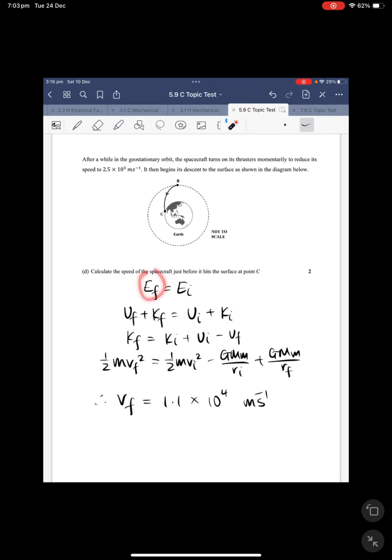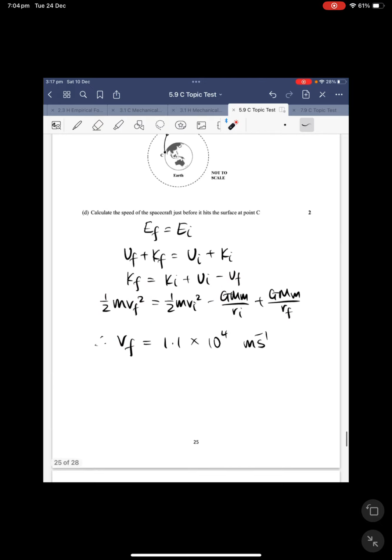But energy is made up of two types, the potential energy and the kinetic energy. So U_F + K_F = U_I + K_I. Then we can rearrange to solve for the final kinetic energy, because we want to calculate the final speed of the spacecraft. That's equal to K_initial + U_initial - U_final. Then we can use our formulas for kinetic and potential energy as shown.